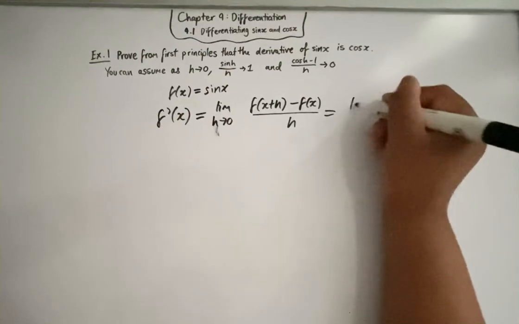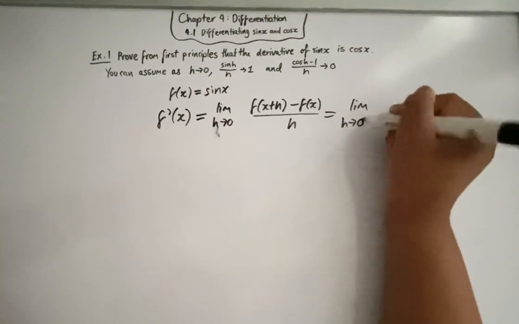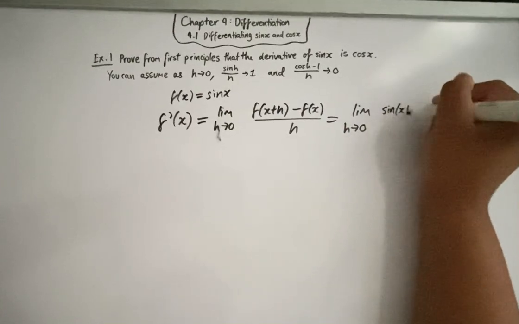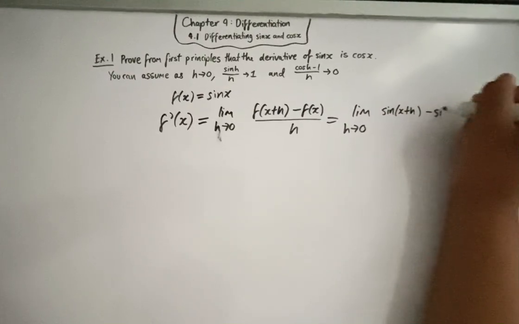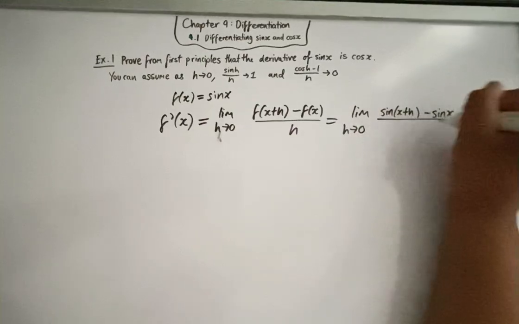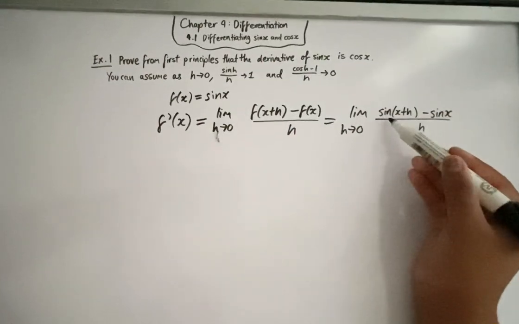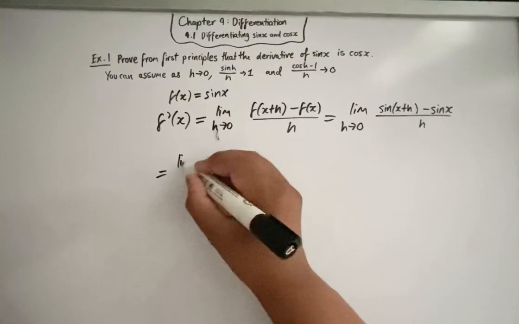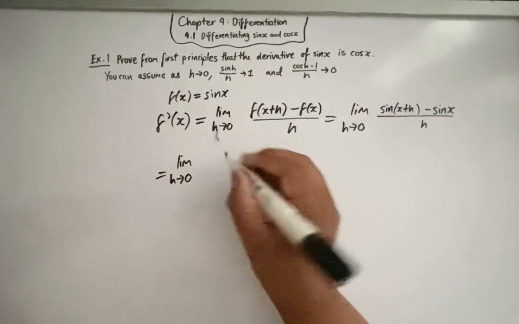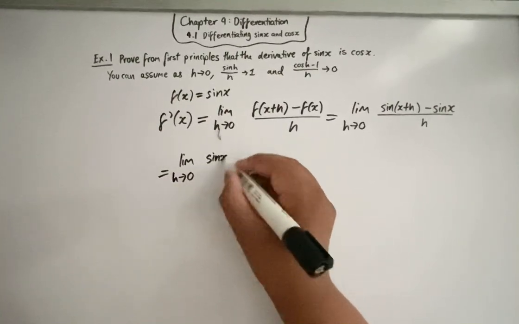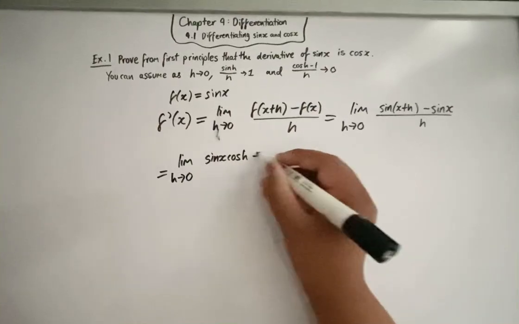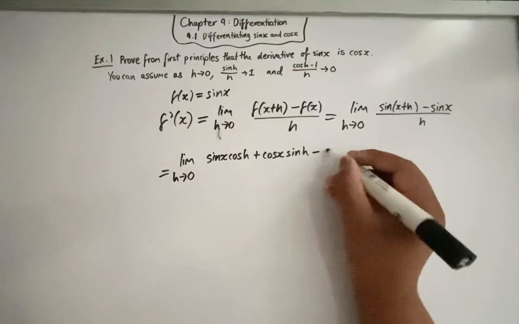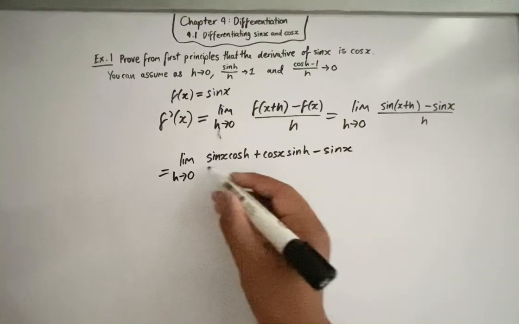And this is the limit, as h tends to 0, as f of x is sin x, of sin of x plus h minus sin x over h. If we expand sin of x plus h using our trigonometry knowledge, we know this is the limit, as h tends to 0, of sin x cos h plus cos x sin h minus sin x over h.